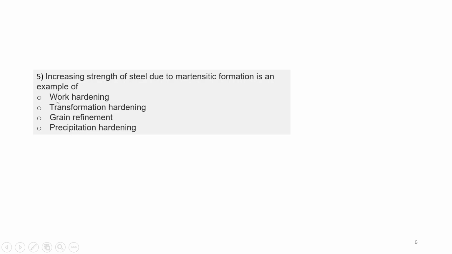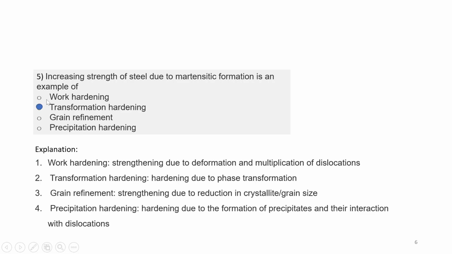So work hardening is basically strengthening your material by deformation. You'll be deforming your material, which will lead to multiplication of dislocations. Now these dislocations will be interacting with each other and their movement will get difficult, so this will lead to strengthening of the material.